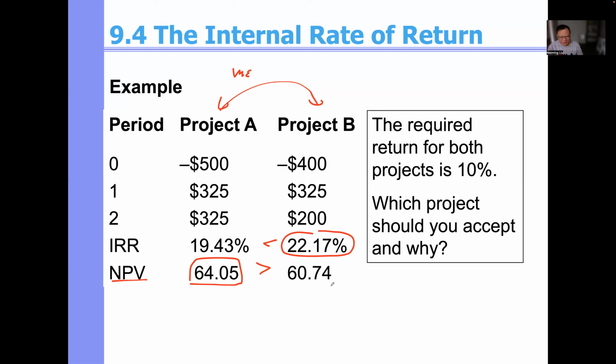Well, because these are situations of mutually exclusive projects, the internal rate of return struggles here. So let's go with the net present value. In those situations, you go with the net present value.